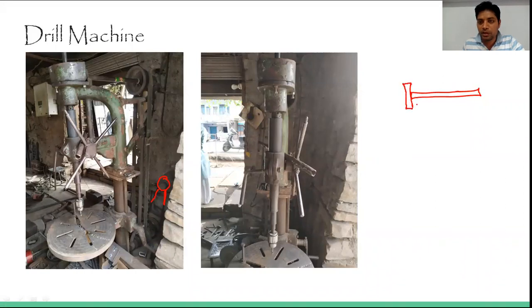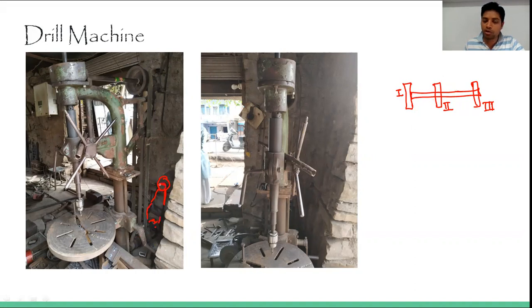There is one shaft, and over this shaft three pulleys are mounted. First we are talking about this one, this is the intermediate second pulley, and this is the third pulley. This is basically a shaft, and over that is the first pulley.